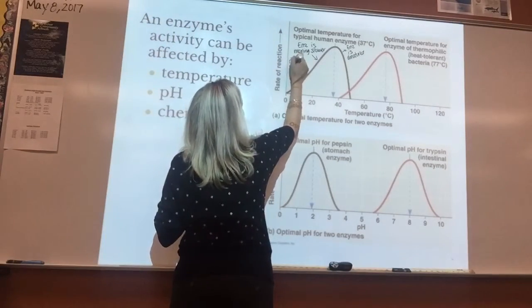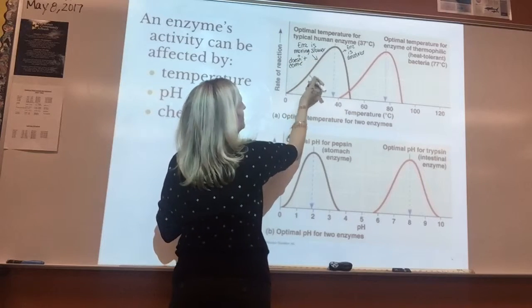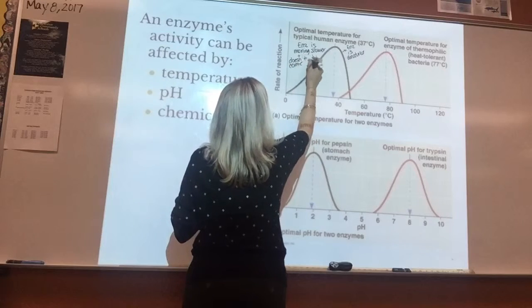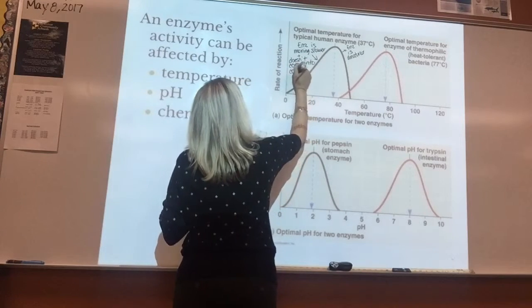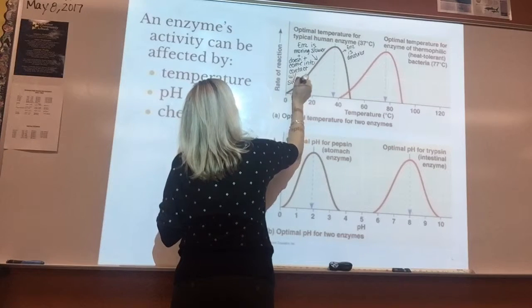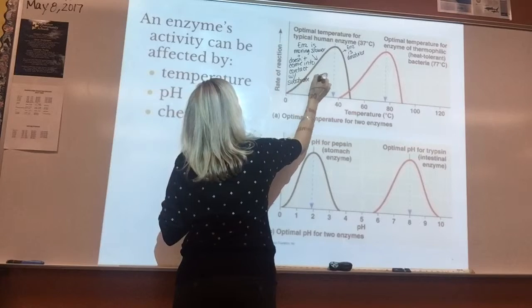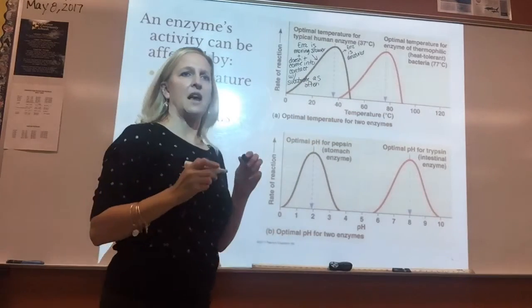I'll write this down because when you look at this later, it'll make a little more sense. It doesn't come into contact with substrate as often, hence making the reaction slower.